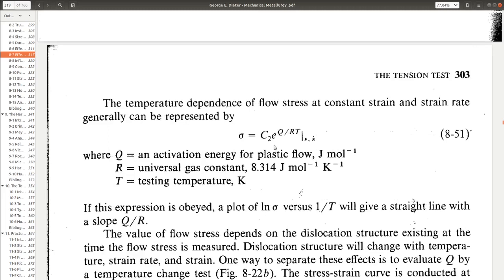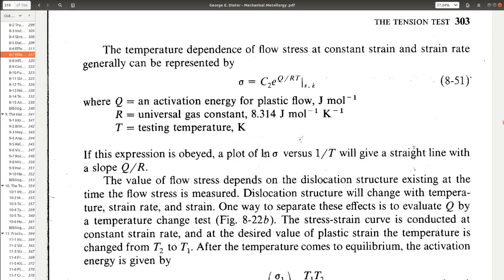All I have to do is put T1 over here and sigma 1 over here, or T2 over here and sigma 2 over here. By doing that we'll be able to calculate what is C2. Okay, so that's how we can introduce the influence of temperature in the yield strength.